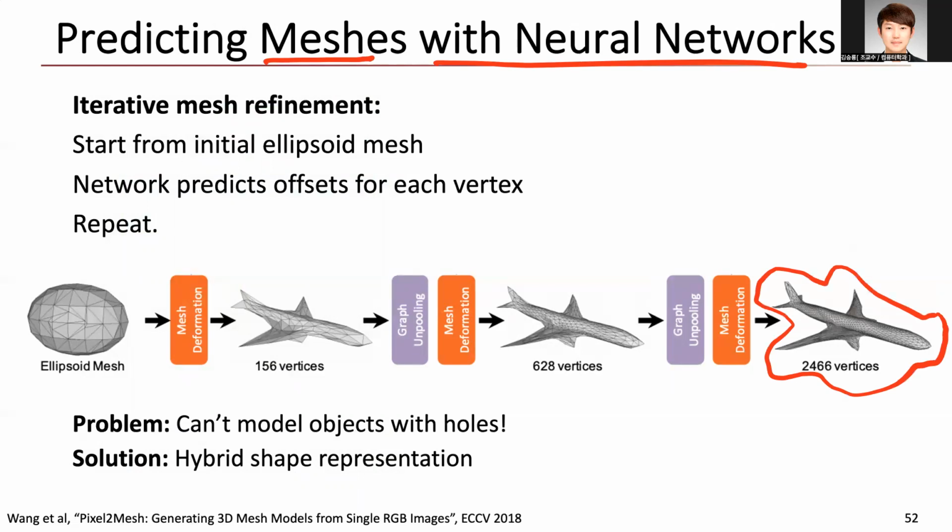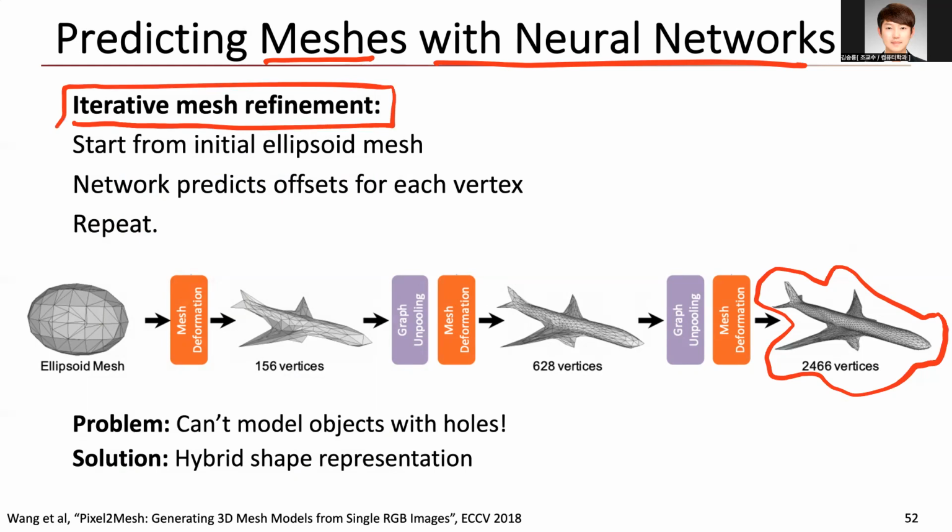As you can see here, it may be really challenging to directly find the mapping function between the input image and this mesh representation. So in mesh estimation with a neural network, many methods try to use an iterative mesh refinement technique.